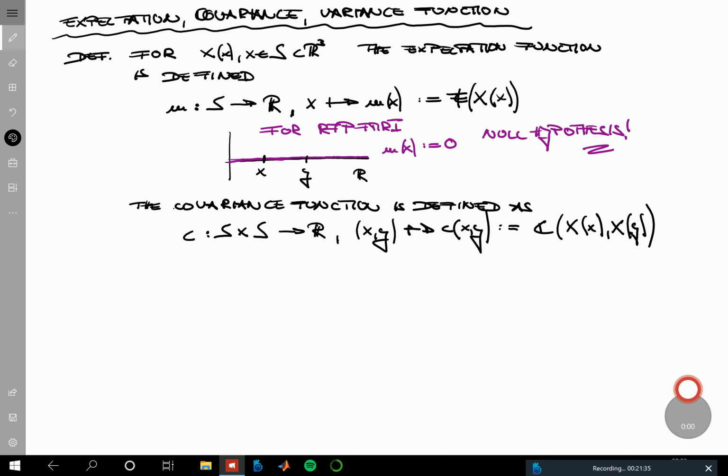If you have positive covariation between these two locations x and y, this would mean that when you sample something positive for x, you have a high probability to also sample something positive for y. Or if you sample something negative from x, you also have a high probability to sample something negative for y.